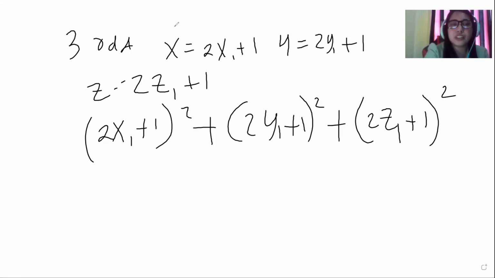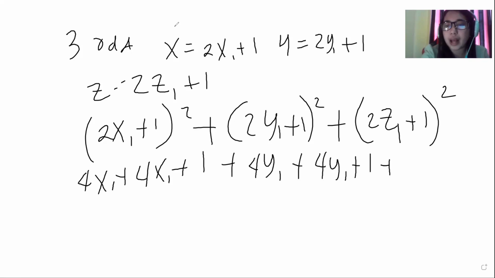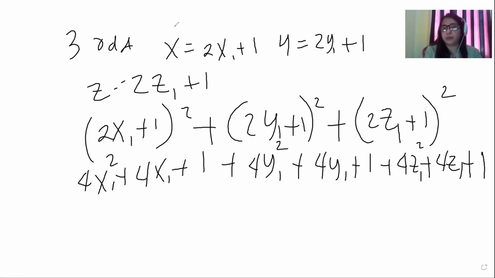So doing the operation, this is 4x sub 1 square plus 4x sub 1 plus 1, plus 4y sub 1 square plus 4y sub 1 plus 1, plus 4z sub 1 square plus 4z sub 1 plus 1.